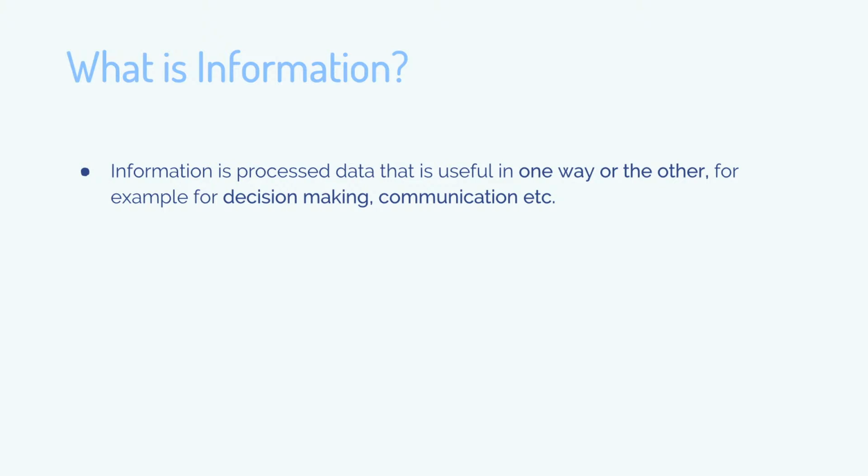If you are taking any data, for example, you can see decision making or communication. For decision making, for example, one person enters an interview and the company offers 16K per month.